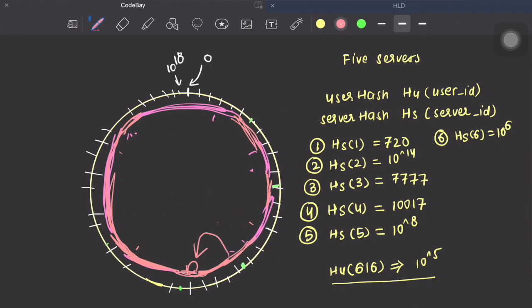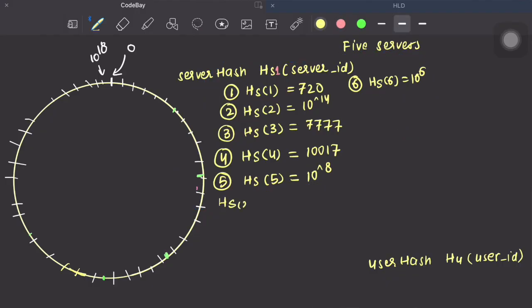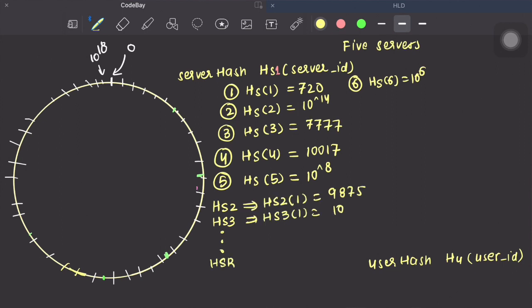To solve this problem, we increase the number of server hash functions. Say we have k hash functions now, and each server ID will be hashed by each of the functions. This way, the same server will be present at k locations. Now, if one server fails, its users will be given to the next available server.